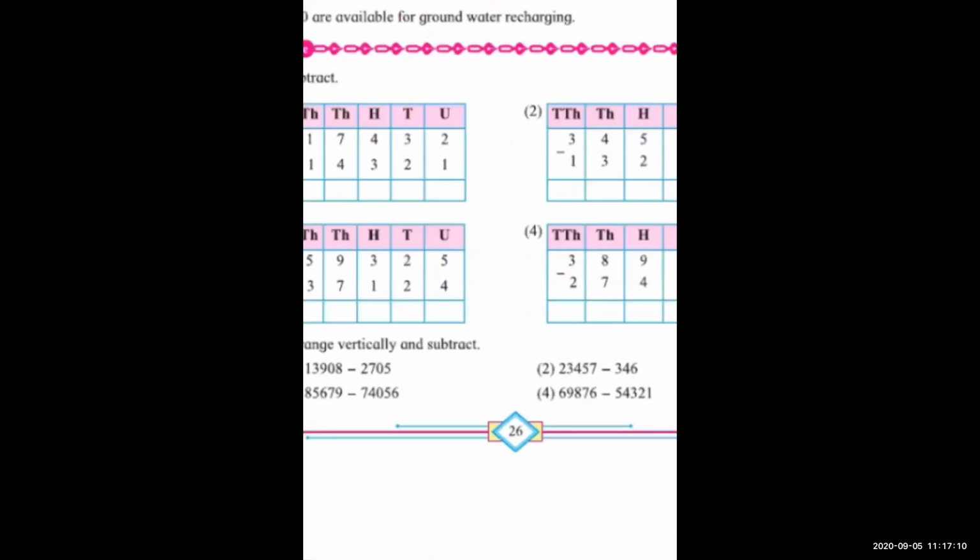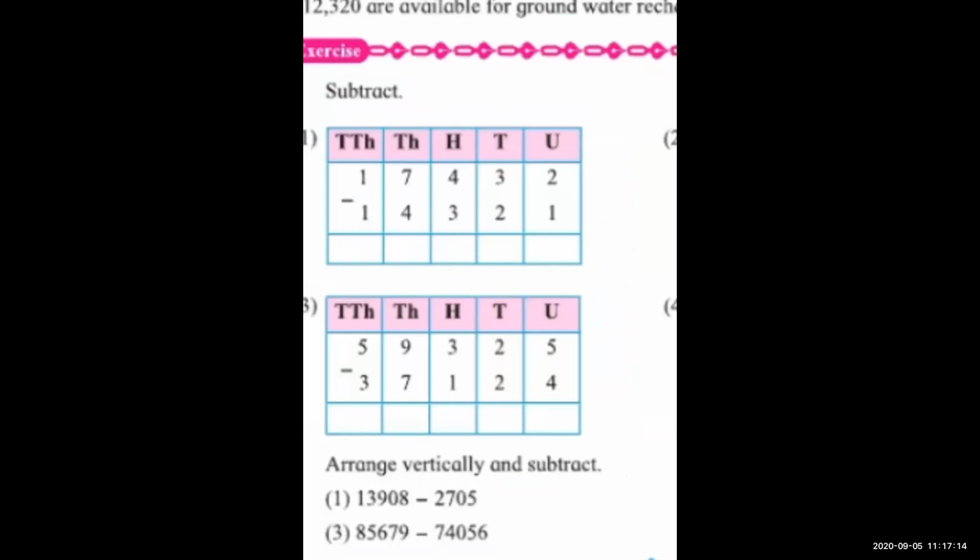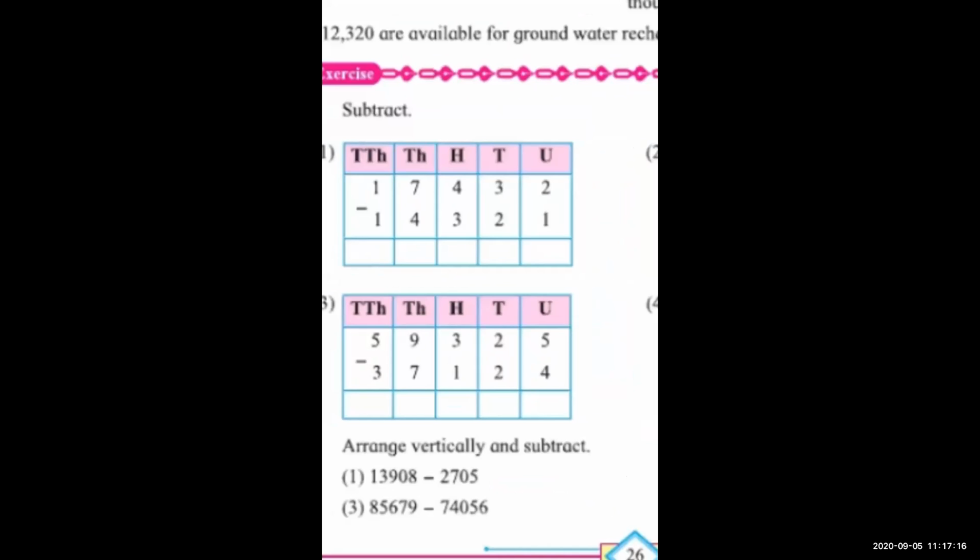See, again I am giving you the subtraction sums from the textbook. Ready everyone? Okay, now the sum is there in front of you, 70,432. Is everyone clear? Is my screen visible to everyone? Okay, good. Now go to the first sum, students.